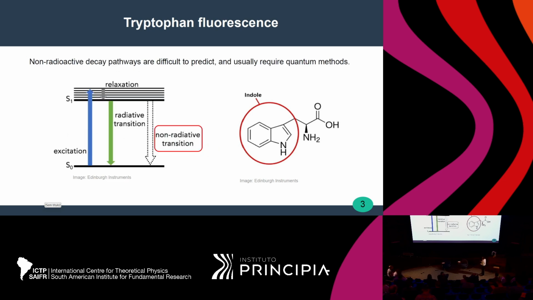But it can also decay in non-radiative ways. And these non-radiative pathways are very difficult to predict. So it usually requires quantum mechanics methods.